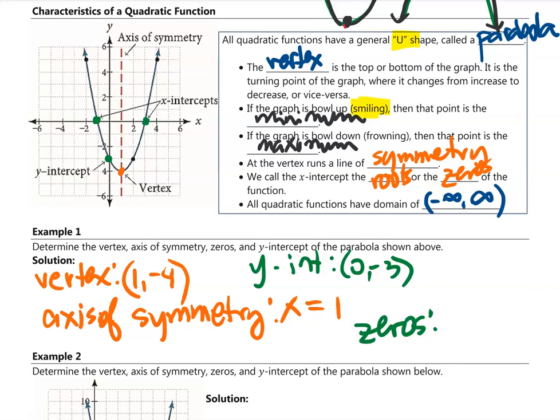The first one is when x is -1, and the other one is when x is equal to 3. So that is the vertex, the axis of symmetry, y-intercept, and the zeros.